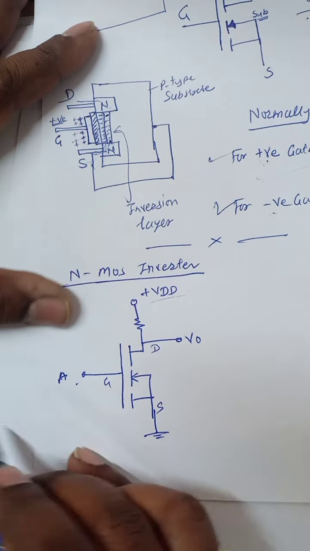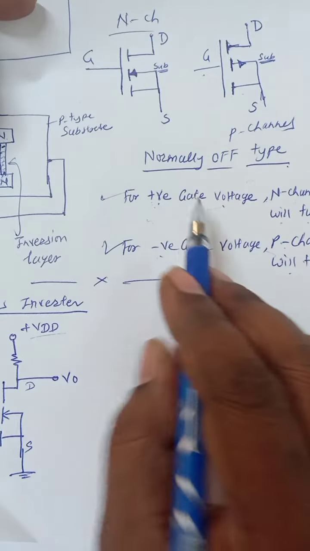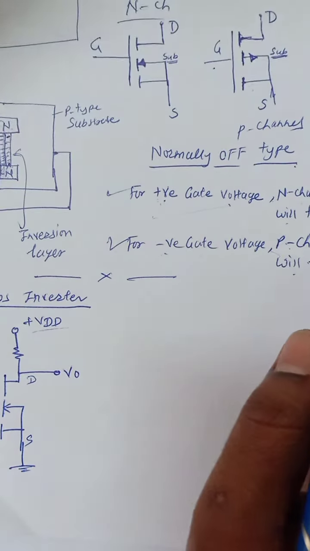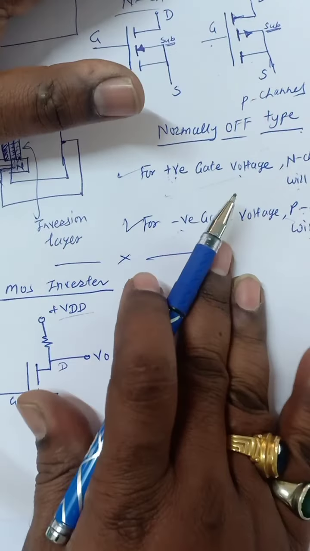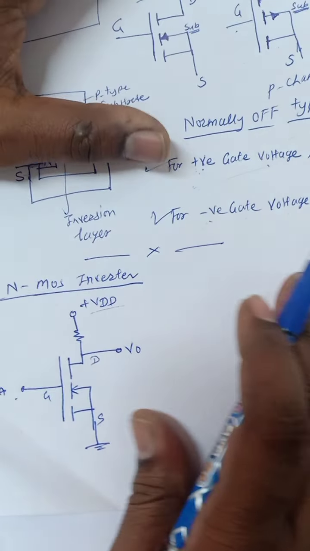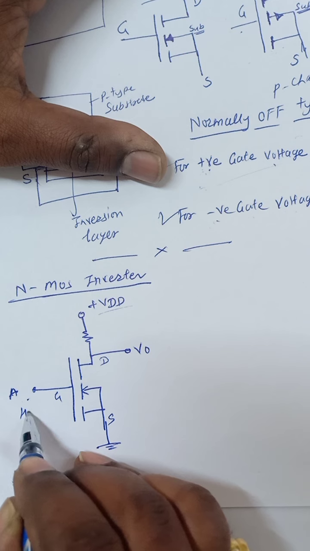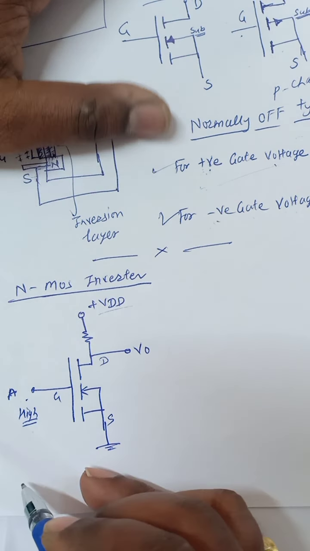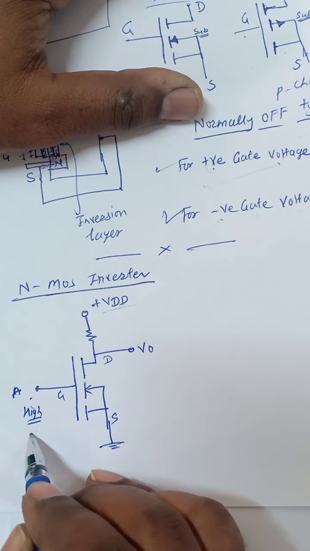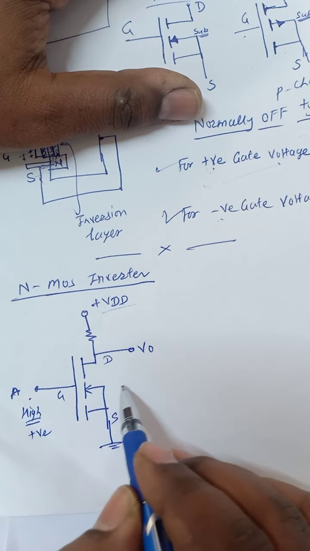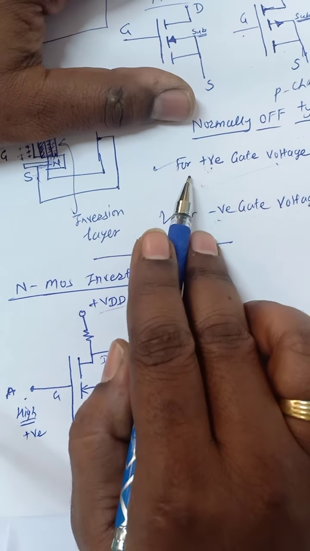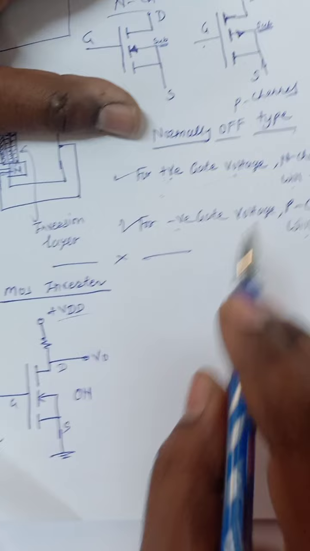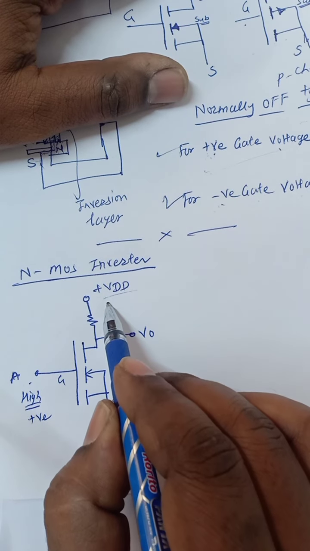Now according to this point, for positive gate voltage, n channel will turn on. So if we apply a high voltage, high meaning positive voltage, this will turn on the transistor.